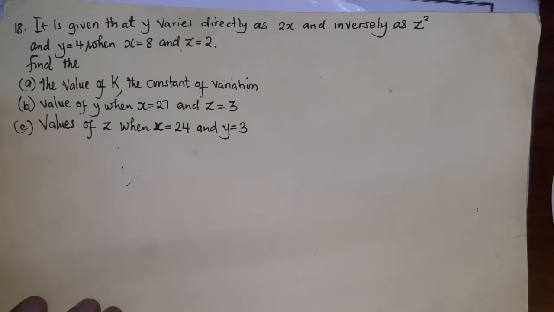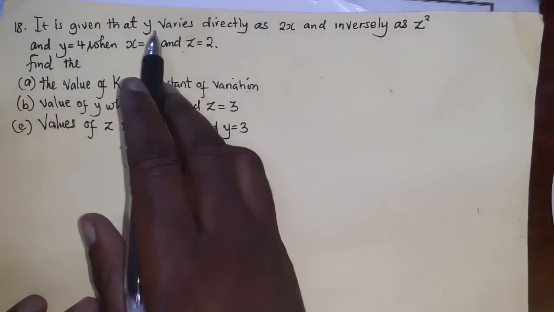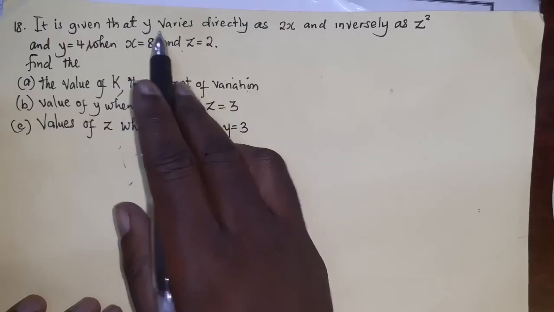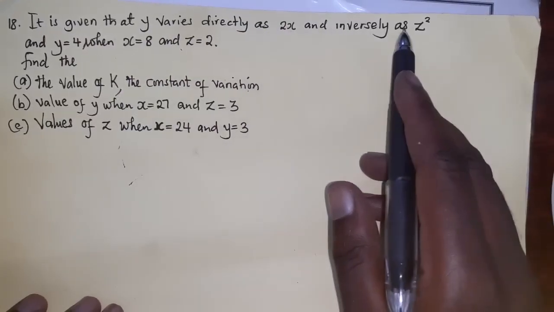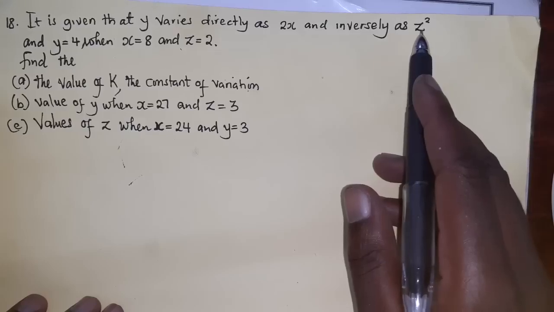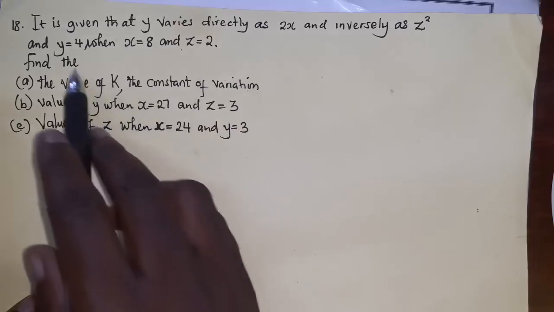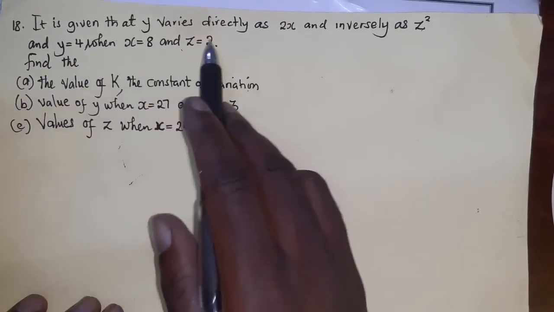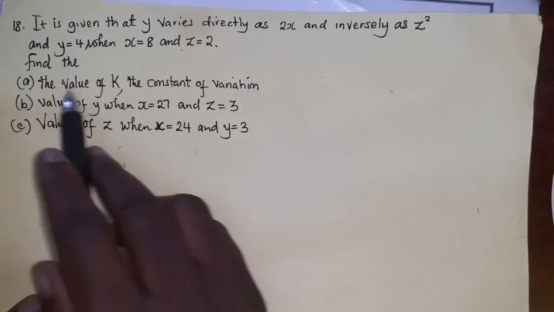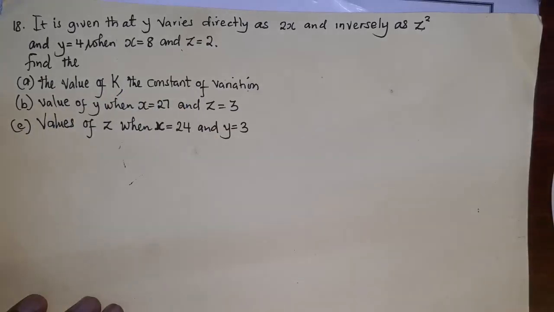So we come to question 18. It is given that y varies directly as 2x and inversely as z squared, and y is equals to 4 when x is equals to 8 and z is equals to 2. Find the value of k, the constant of variation.